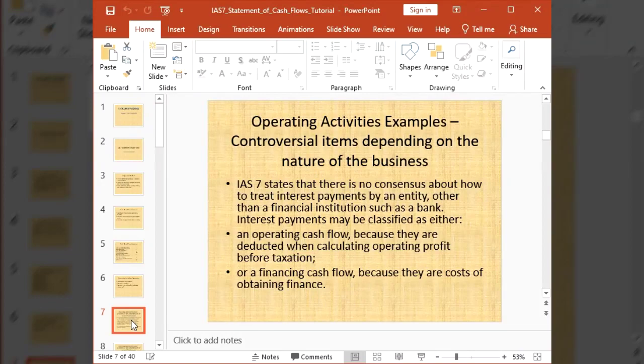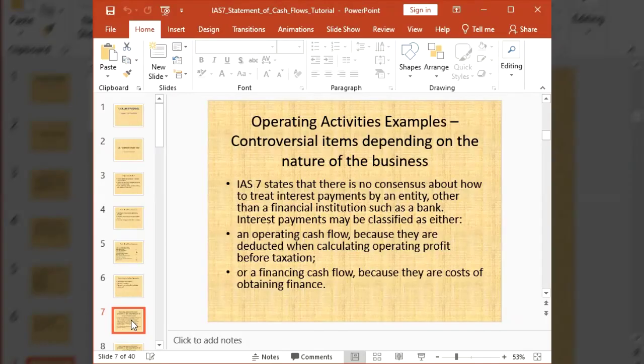For instance, if a bank gives out loans to customers, then that loan is an operating activity, because customers will be expected to repay the loan with interest, and to pay timely.